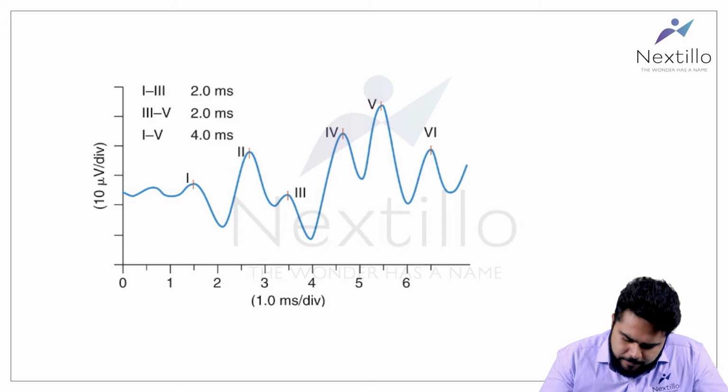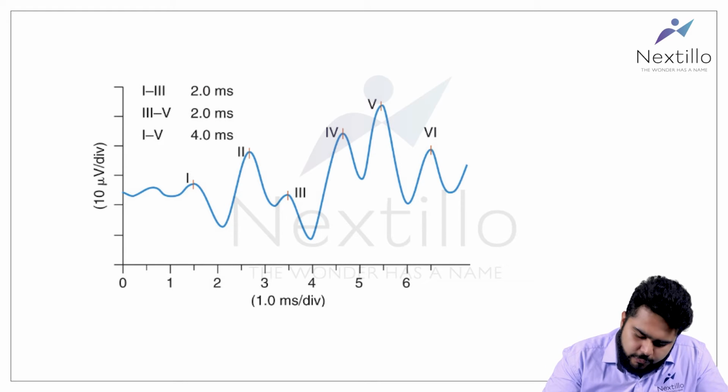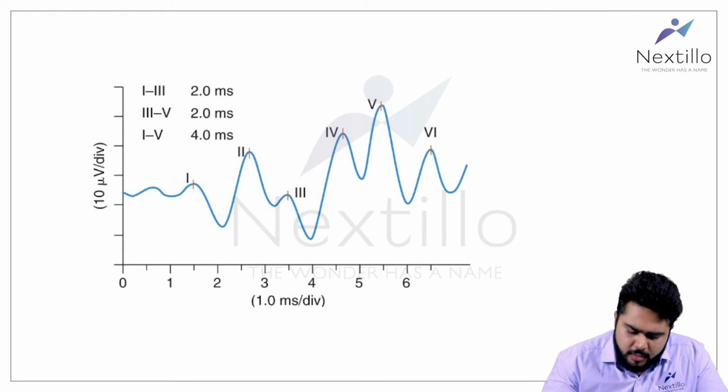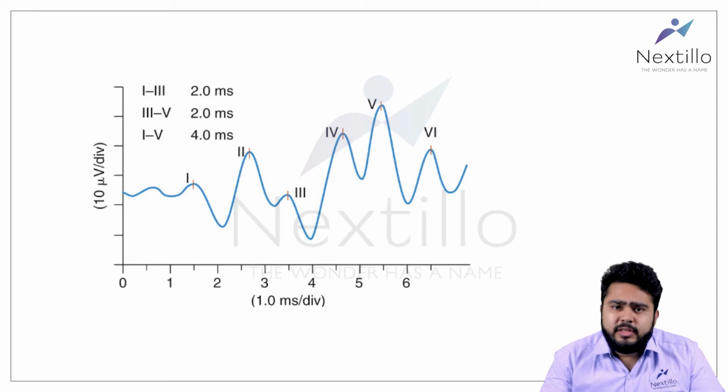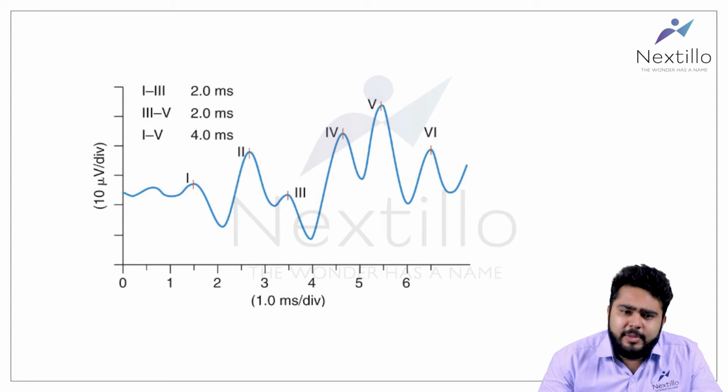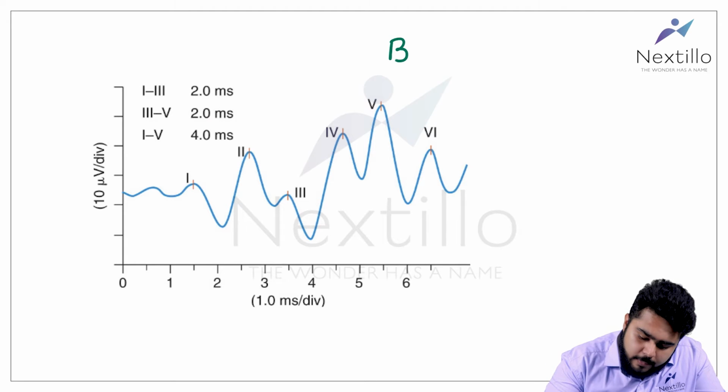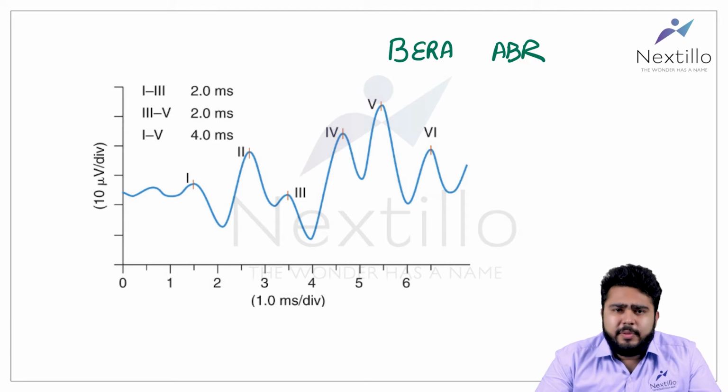This image might come as a question. First and foremost, what is this image? You should be able to identify that this is a graph of BERA or ABR. There can be a question which might directly ask, this represents what?